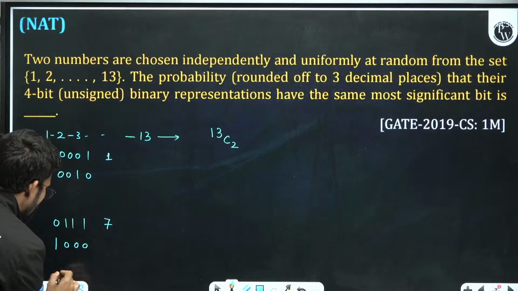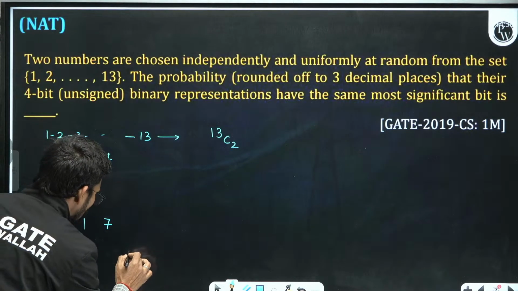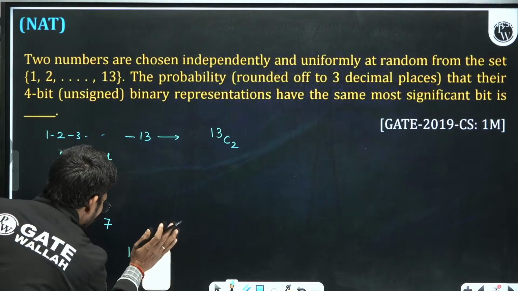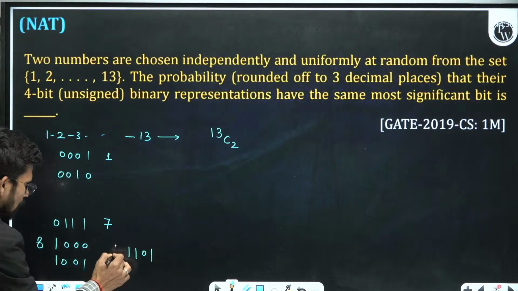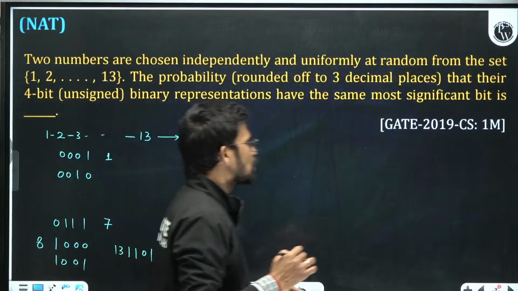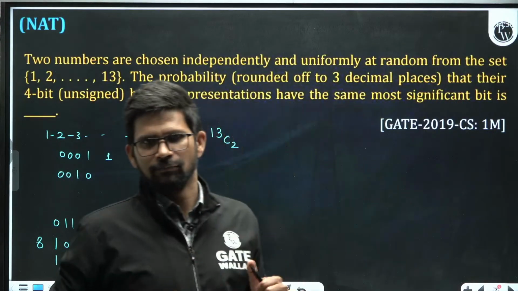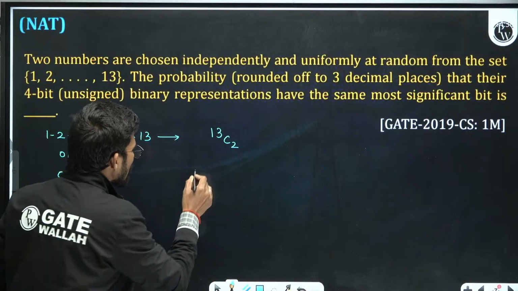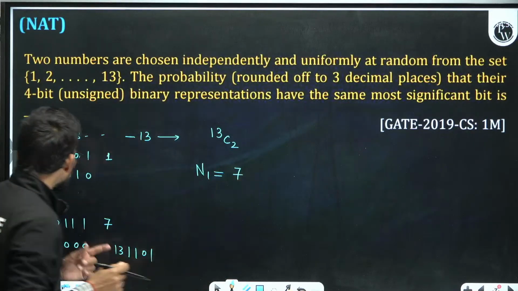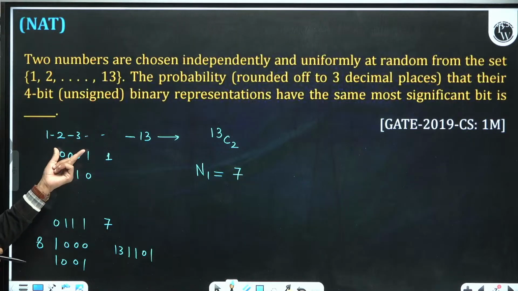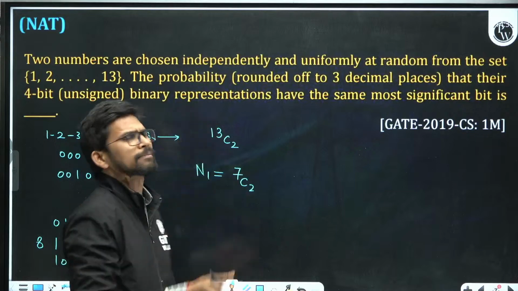And from 8 to 13, that is 8, 9, 10, 11, 12, 13, where 13 is 1101, the MSB is 1. So how can we choose two numbers having the same MSB? The favorable conditions are: if I choose two numbers from the 7 numbers 1 to 7, they will have the same MSB for sure.